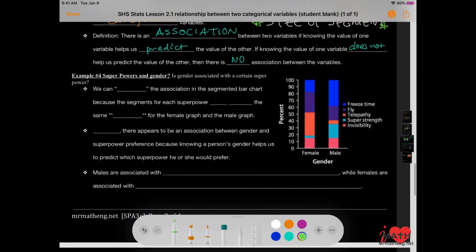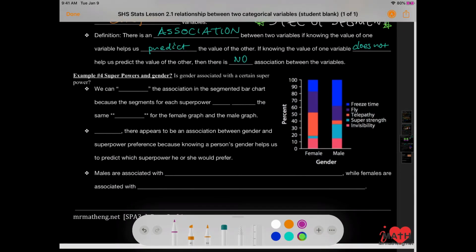So we can see, as I said, it's just about the size of the segment. So we can see the association in the segmented bar chart because the segments for each superpowers are not the same.